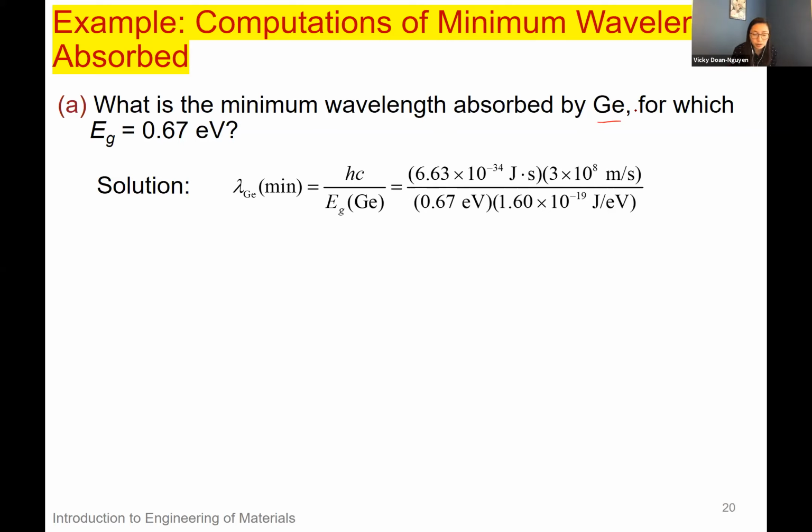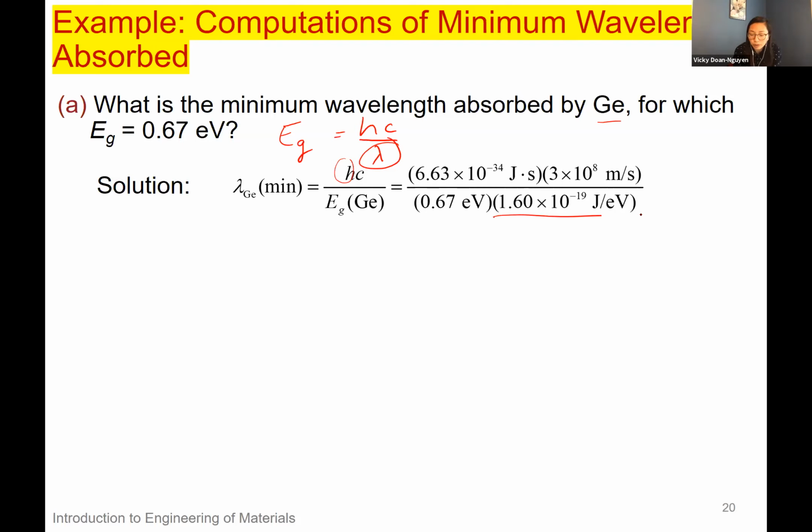We know what Planck's constant is. So basically we're rearranging the relationship of energy equals hc over lambda, because we want to know what the minimum lambda is. Planck's constant is 6.63 times 10 to the negative 34 joule seconds. c is the speed of light, and germanium's band gap is 0.67 eV.